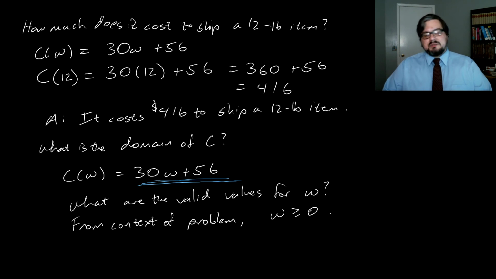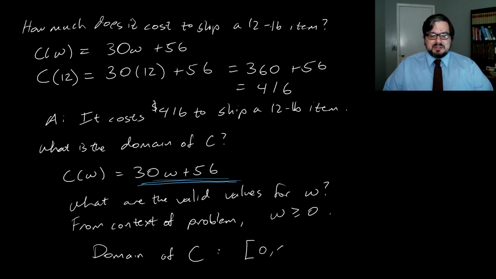So for the context of the problem, W is greater than or equal to 0. In this case, the domain of C, because it's based on this real-world problem where the input doesn't make sense as a negative number, is actually going to be the interval from 0 to infinity, not including any of the negative numbers.